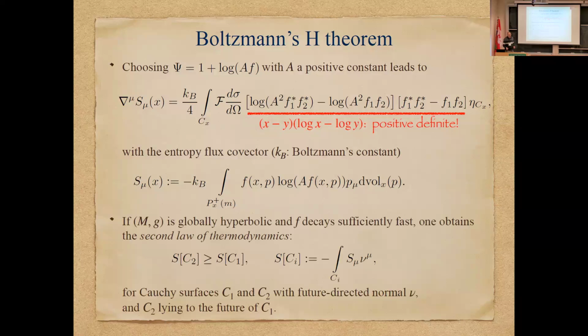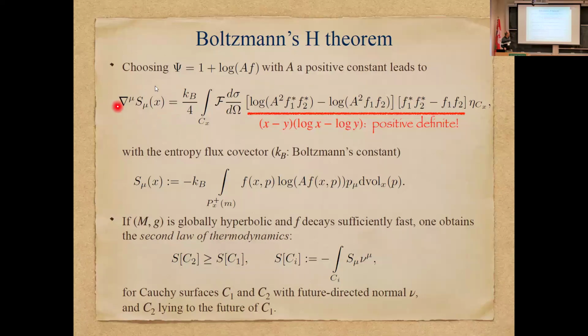Okay, so this has an important implication. For example, if you assume a space-time to be globally hyperbolic, and you assume also that the distribution function decays sufficiently fast at infinity, then you obtain the second law of thermodynamics.